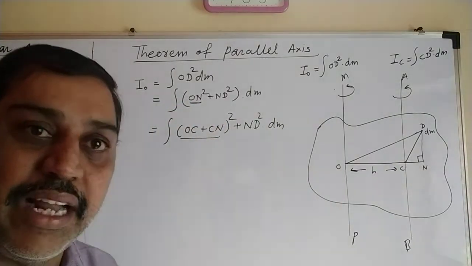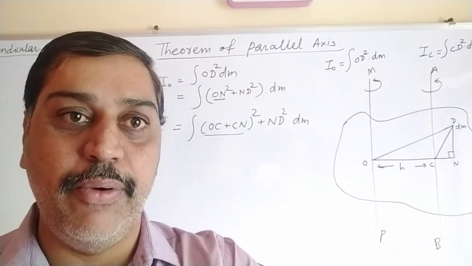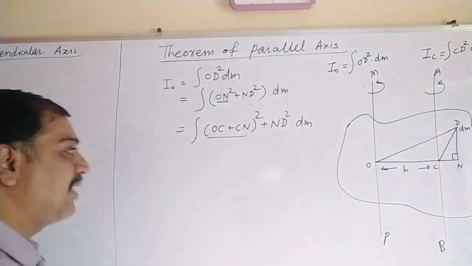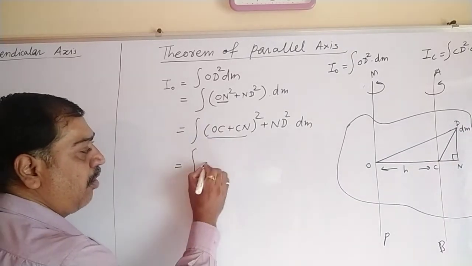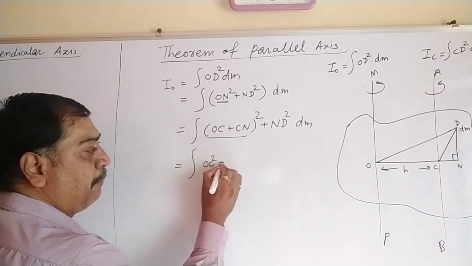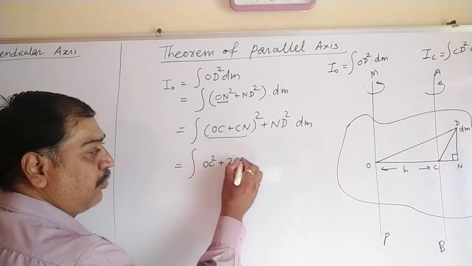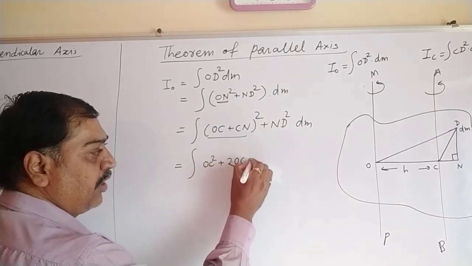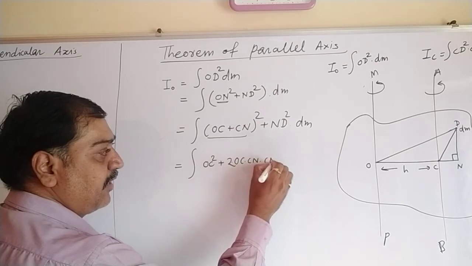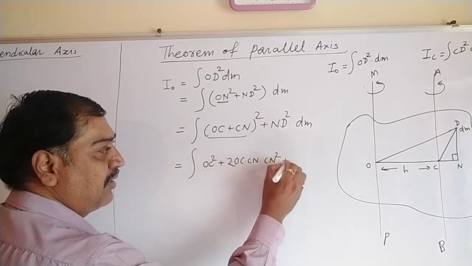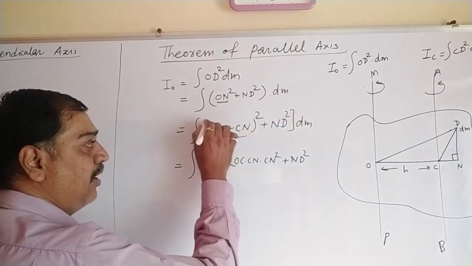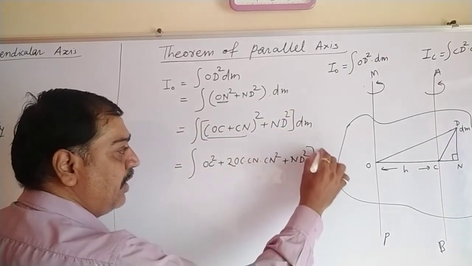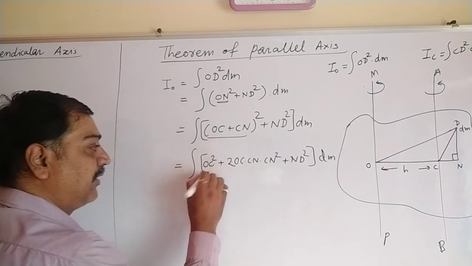Now use the formula for (a plus b) whole square, a square plus twice ab plus b square. So we get integration of (OC square plus twice OC into CN plus CN square plus ND square), with dm outside the bracket. So we get the integration of this.